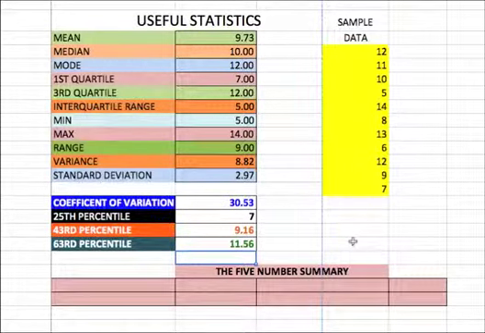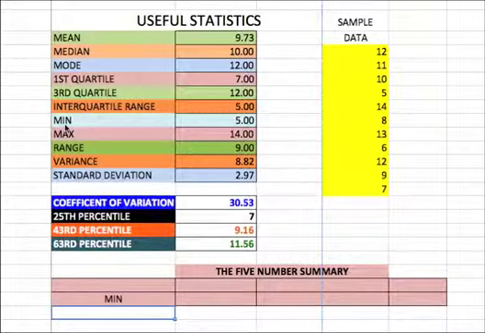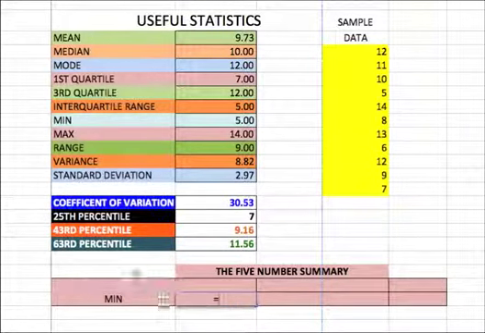Listed below that is a place to put in the 5-number summary. 5-number summaries are used quite often in statistics. And what it consists of, obviously, is 5 numbers. The first is the minimum, which we'll put in a minute. Then would be the first quartile.